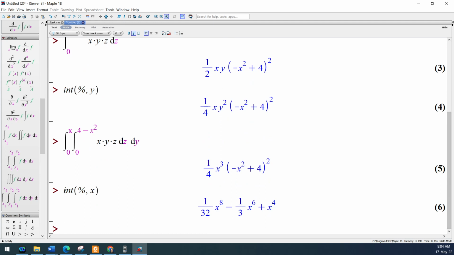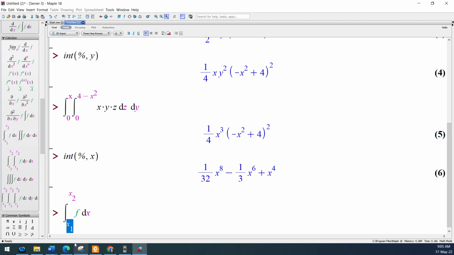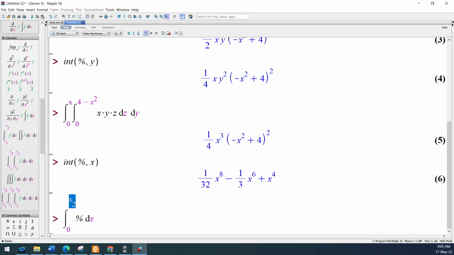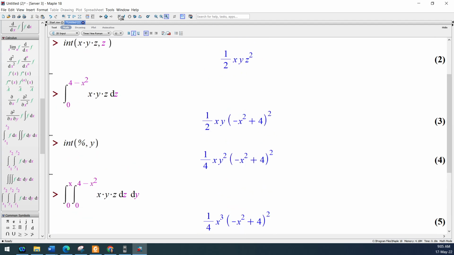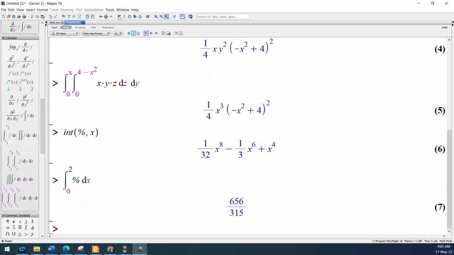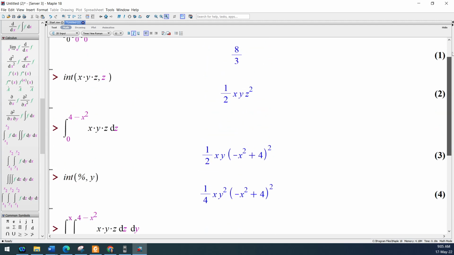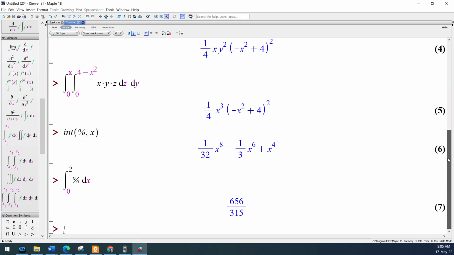Oh, this one hasn't plugged in the limit. Okay, 0 to 2. Why not correct? This one with respect to x, and then lastly integrate 0 to 2. Why not get 8 over 3?